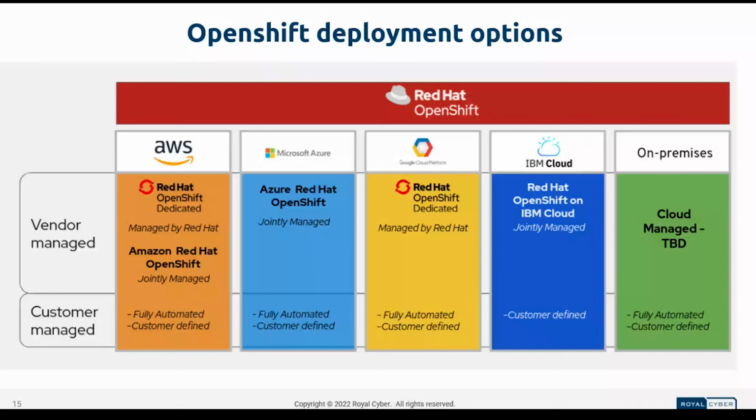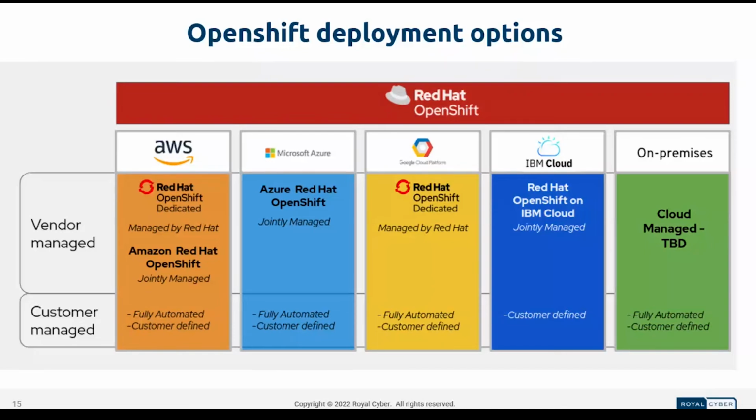However, with managed OpenShift services, the Red Hat SREs or a cloud provider's SREs will manage the cluster on your behalf, so it's not your responsibility to manage or take care of your cluster.